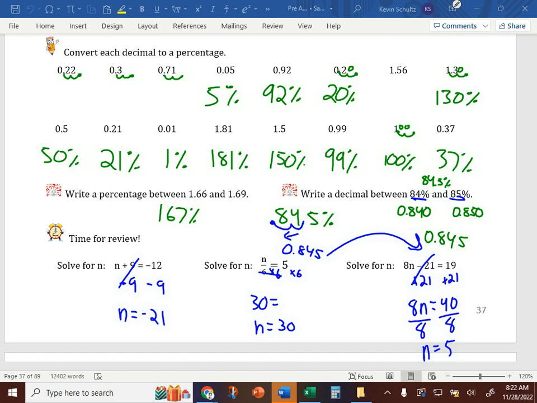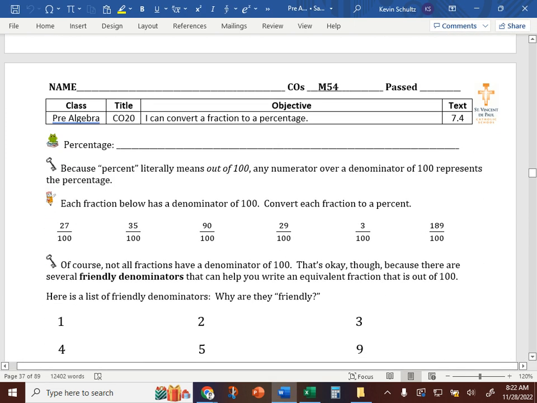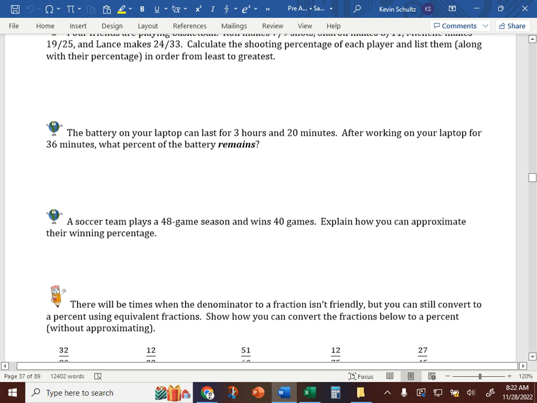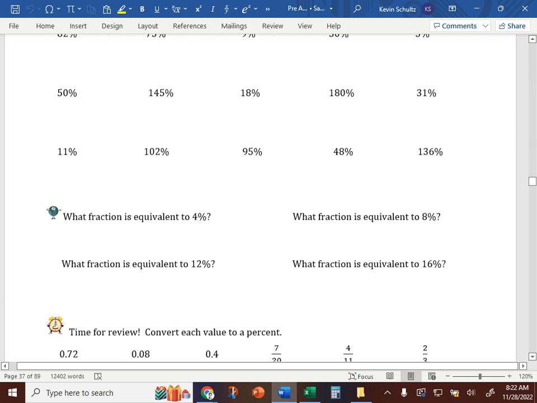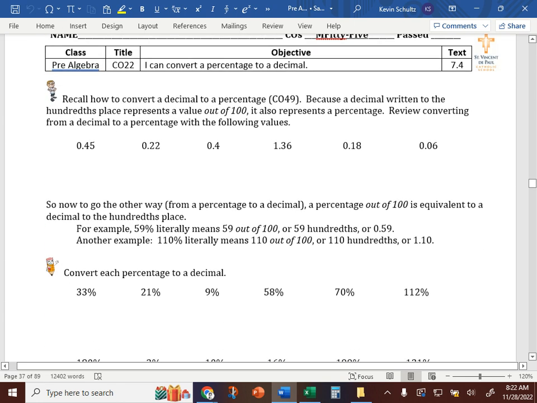Okay? Final questions on this objective, because we are doing a double feature today. All right, and the next objective we're going to do is we are going to skip to CO22. And this should be CO19, not 49.